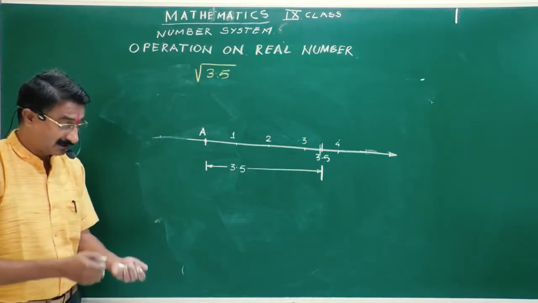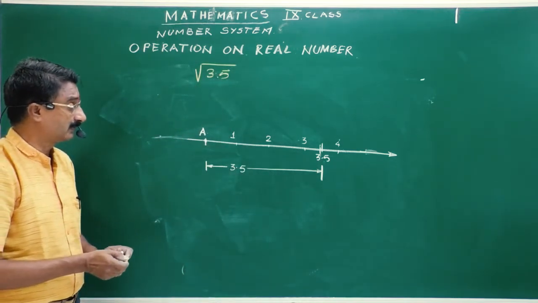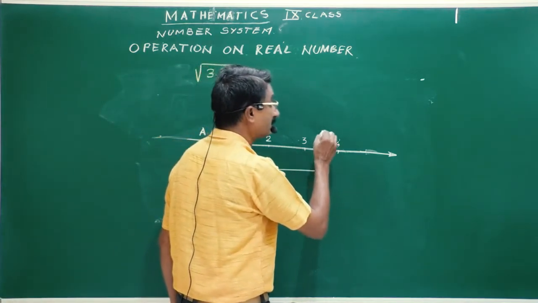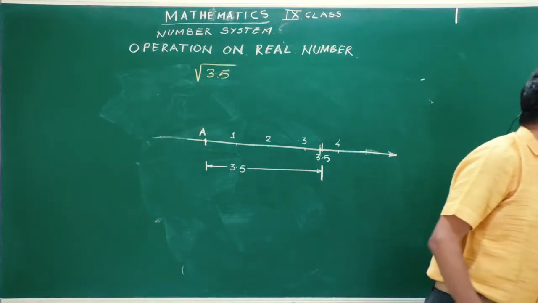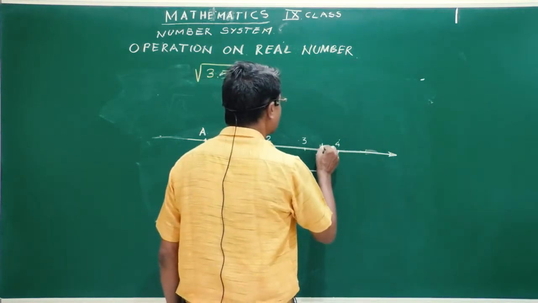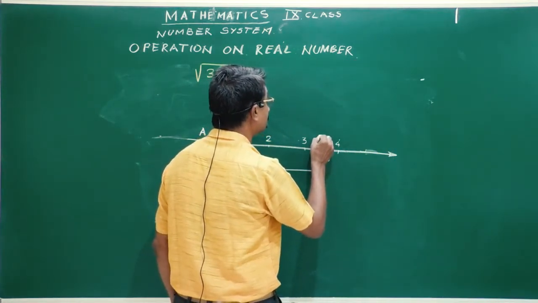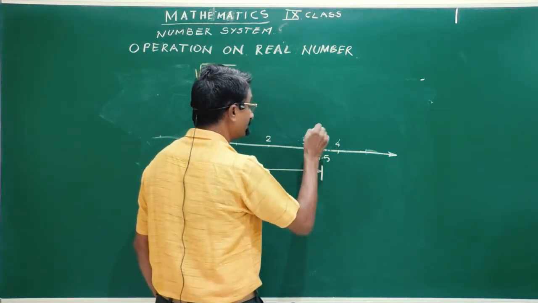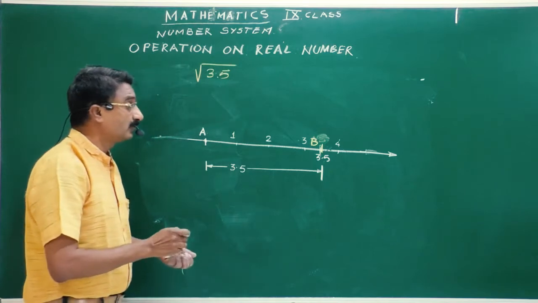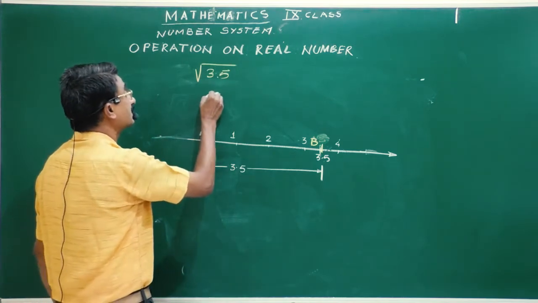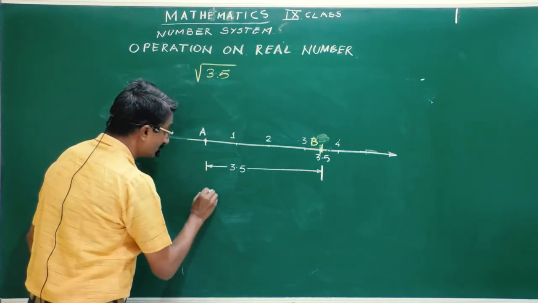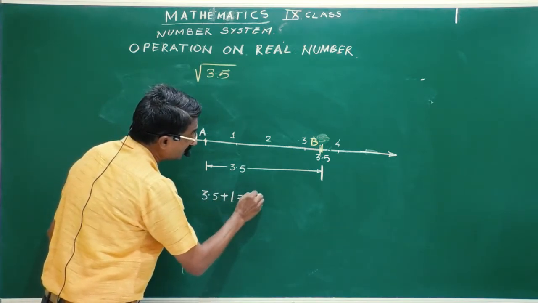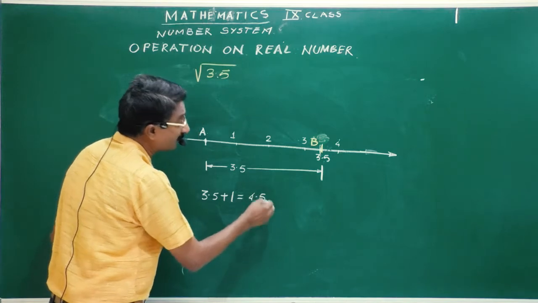Say this is point B, that is taken in your book as point B, correct. I will write on the side B. Add 1 centimeter, means 3.5 plus 1. So this is equal to 4.5.